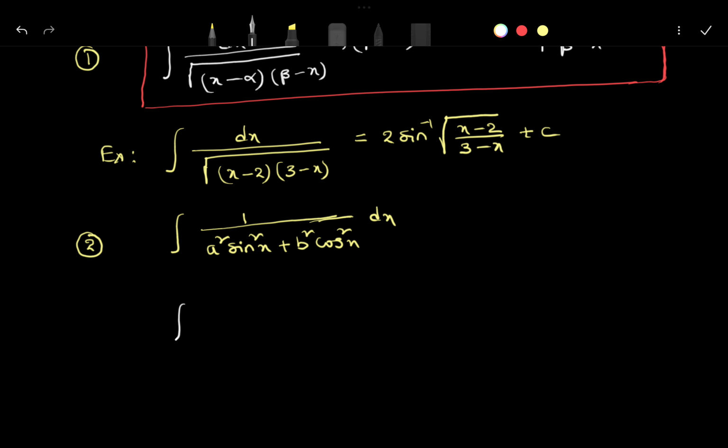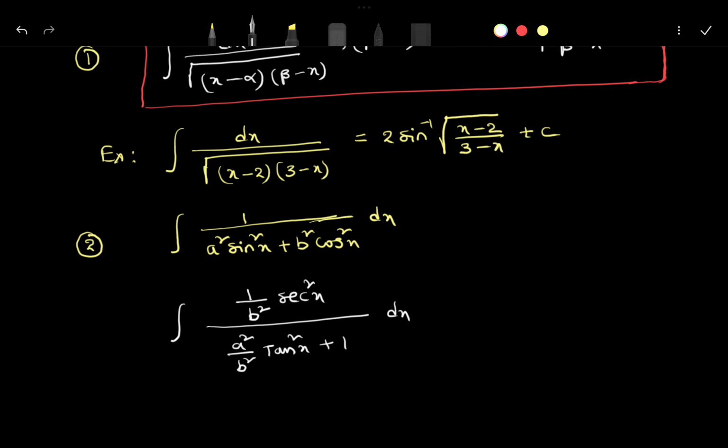See, integration of, divide numerator and denominator with b square into cos square x. When you divide, this one is b square into cos square x, 1 by b square into secant square x whole divided by a square by b square into tan square x plus 1, into dx.